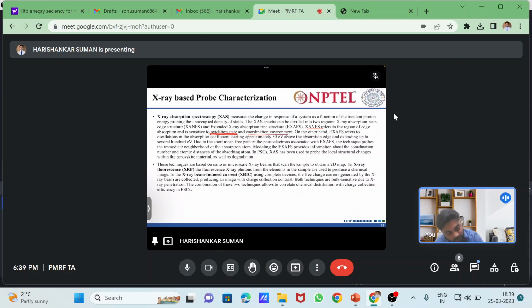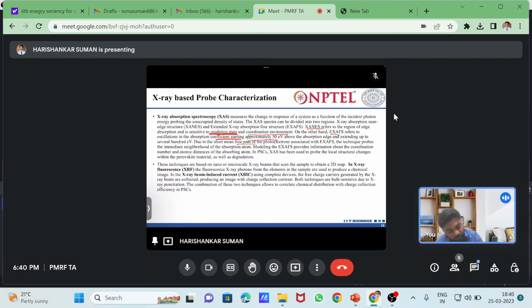On the other hand, extended X-ray refers to oscillation in the absorption coefficient starting approximately 50 eV and extending up to several hundred, due to the short mean free path of the photoelectron. The technique probes the immediate neighborhood of the absorbing atom.